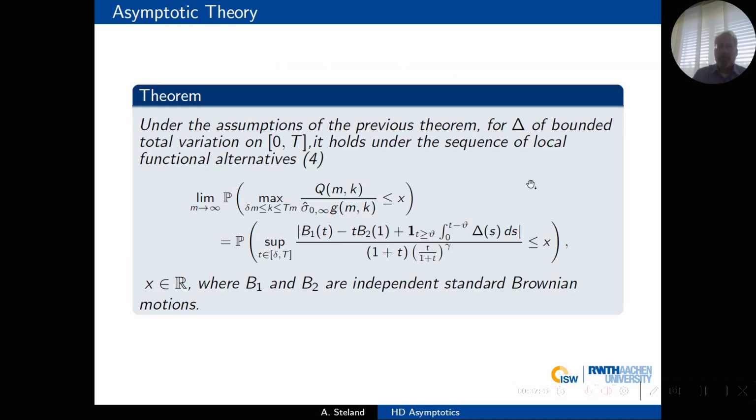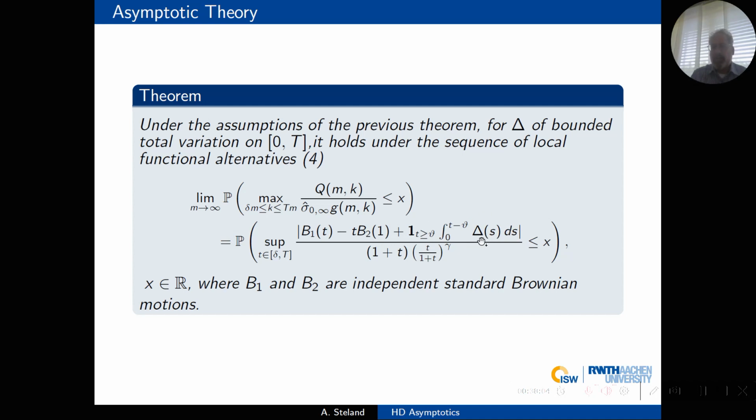Okay, and under these assumptions, one can derive the following convergence result, so that our detector overall statistic converges in distribution to this functional. And here we see the impact of the delta function.